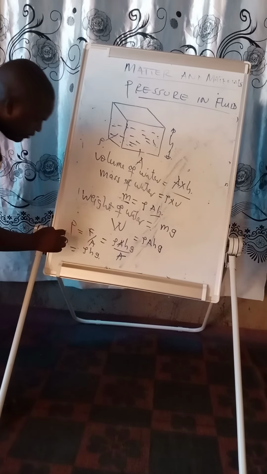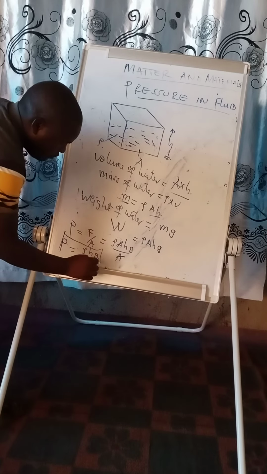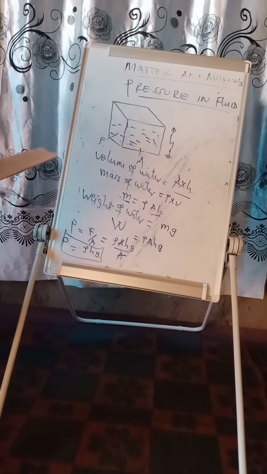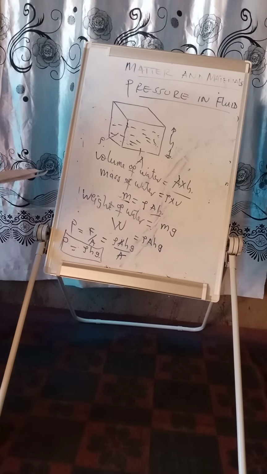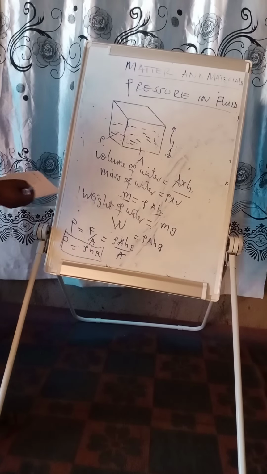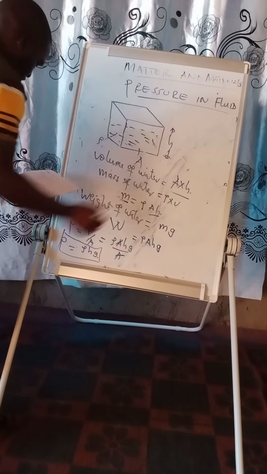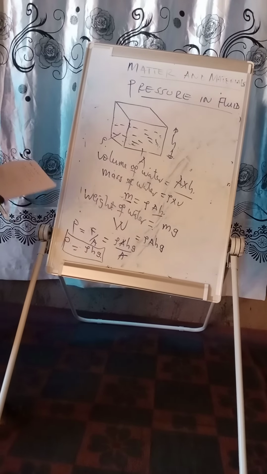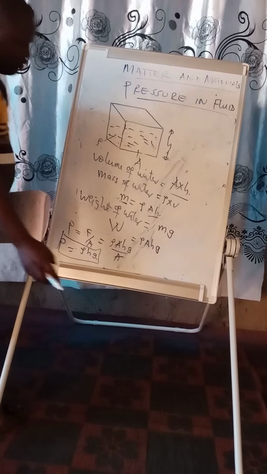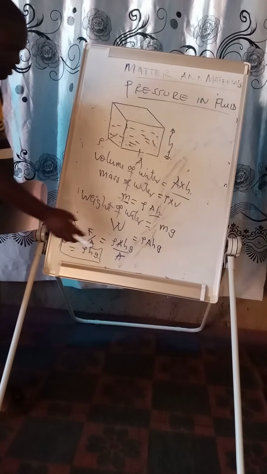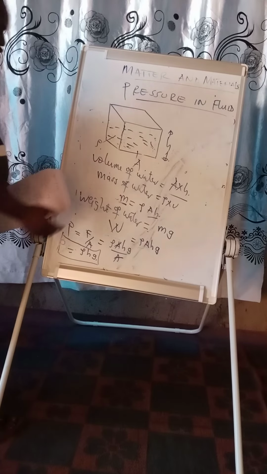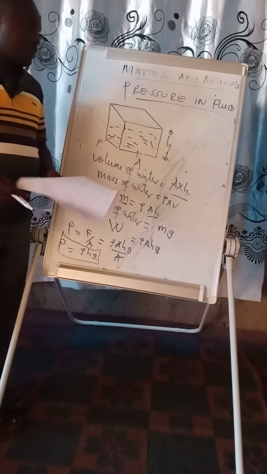This is our popular formula for pressure in fluids. So finally, we say that pressure in a fluid depends on three factors: depth, which is how far below the surface, the density of the fluid, and also the acceleration due to gravity. Thank you.